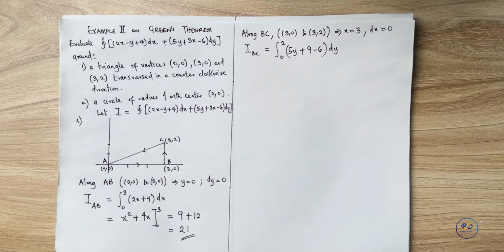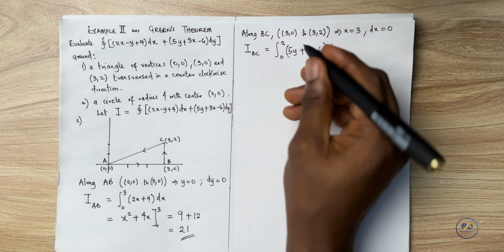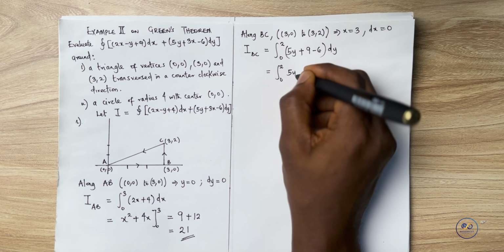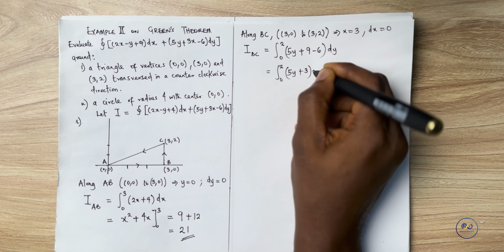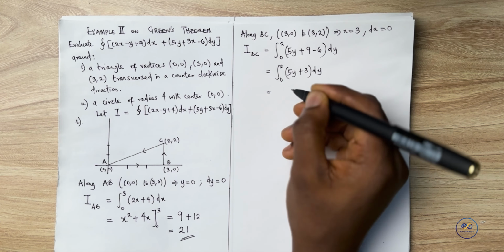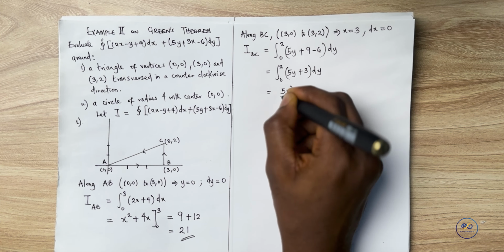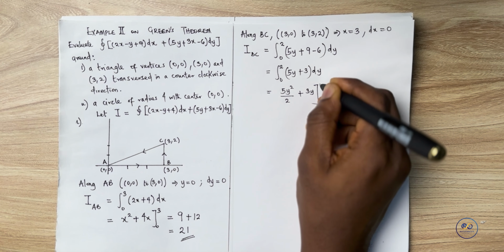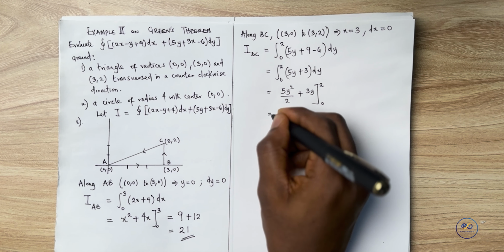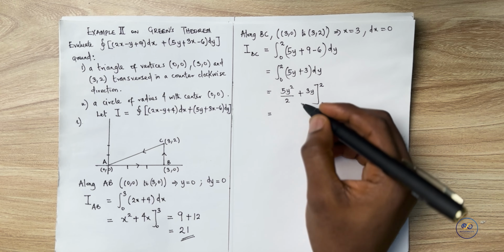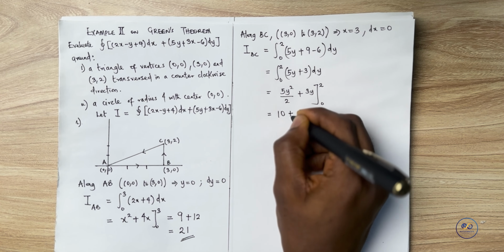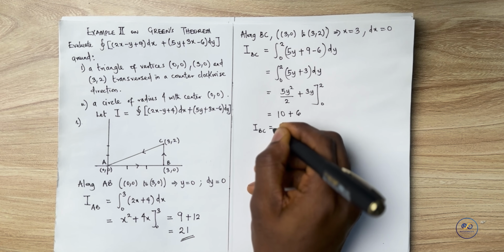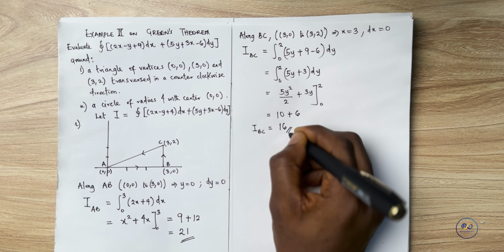This is the same as the integral from 0 to 2 of 5y plus 3 dy. If we evaluate this, this is simply going to be 5y squared over 2 plus 3y from 0 to 2. So this is 2 squared, which is 4, times 5 over 2, that will be 10, plus 6. So we have that the integral along BC would be 16.